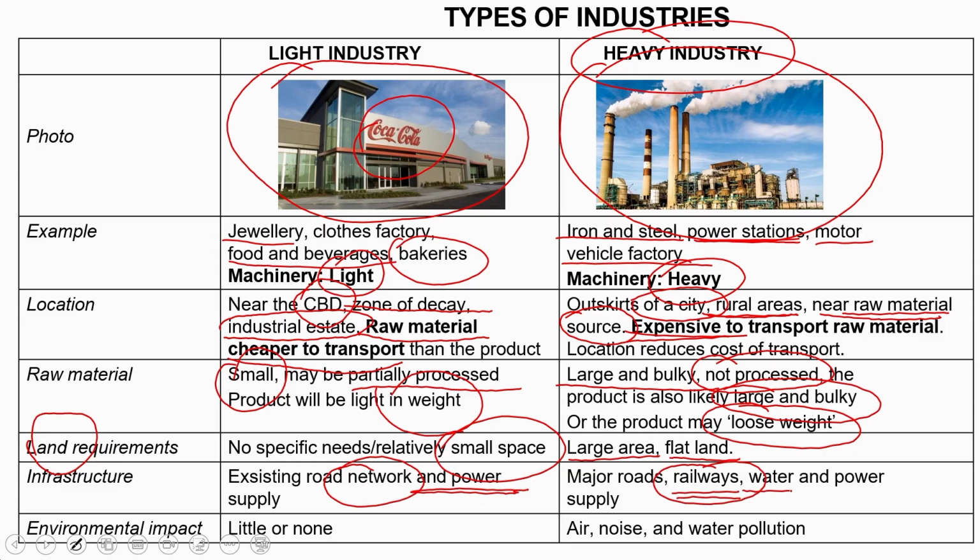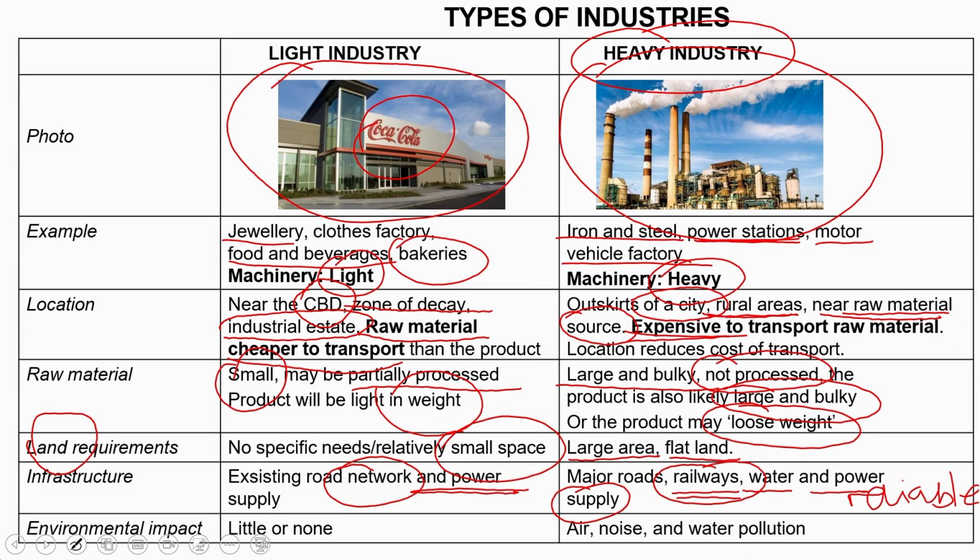And there is water and power supply. But let's add on another concept here, okay? The power must be reliable, okay? Reliable power supply. So in this case, you start thinking about what disadvantage it might be to have load shedding, okay? So we need reliable power supply, not just power supply, okay?